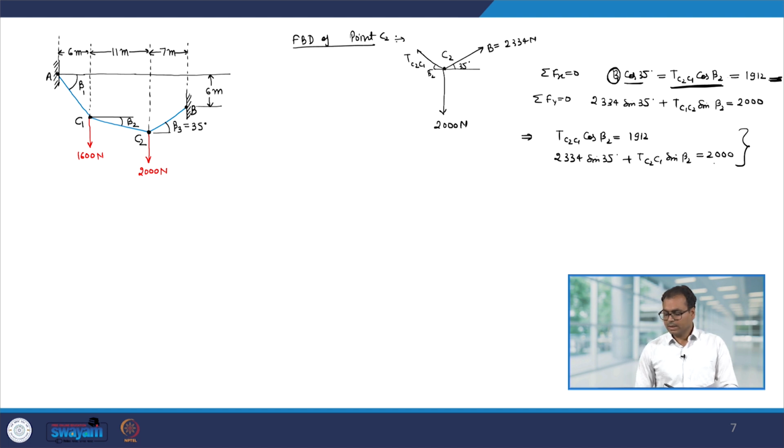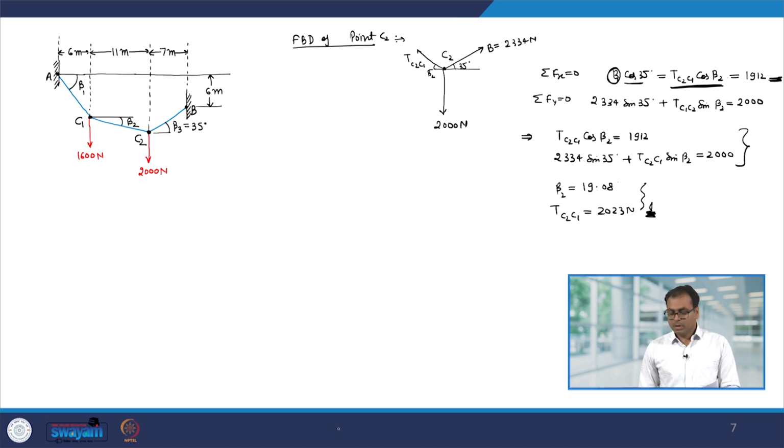Now, in this there are two variables, and you have two equations. So, from here you can find out what is beta 2, it comes out to be 19.08 degree, and T C2 C1 which is 2023 Newton. Okay.